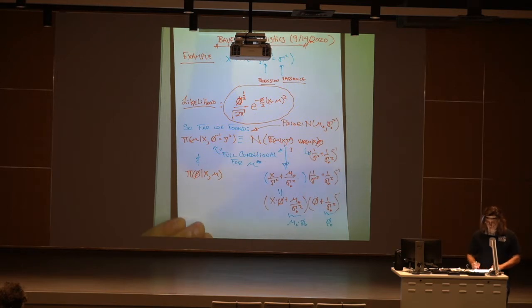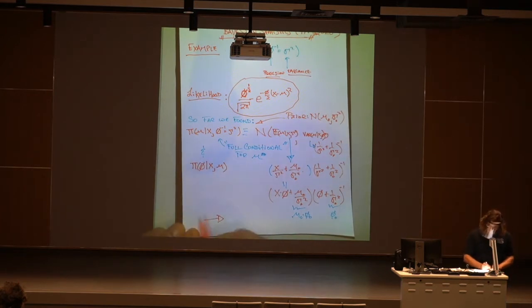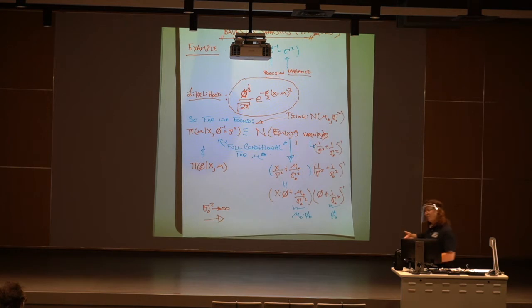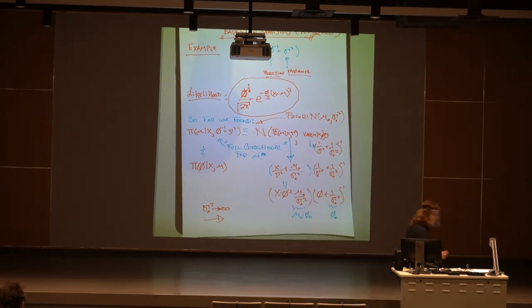In the limit, we found out as sigma naught squared went off to infinity, that's the same thing as the precision parameter in the prior going to 0. Same thing happens.